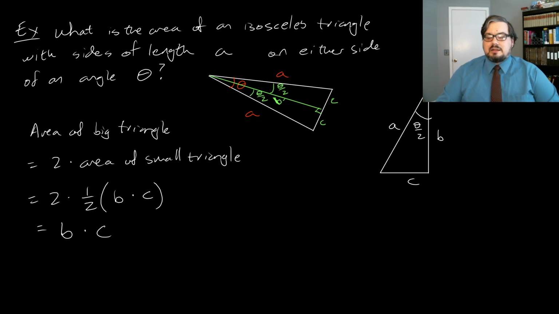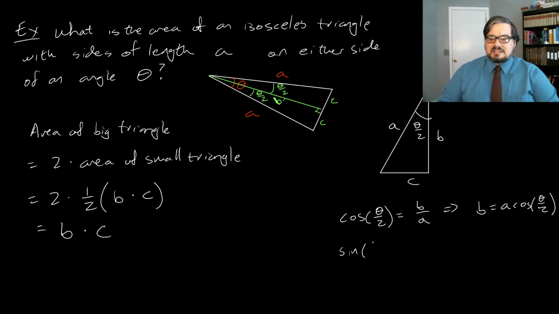So, remembering how we do this, relating the things that we are given, A and theta, to the things we're trying to find, B and C, we can see that cosine of theta over 2 is equal to B over A, which means that B is equal to A times cosine theta over 2.